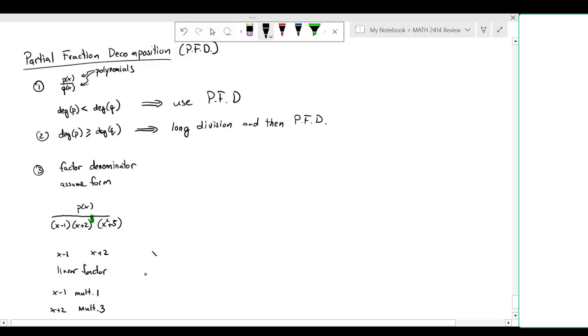And then we have x squared plus 5, which is considered an irreducible quadratic factor. It's irreducible in the real numbers, right?